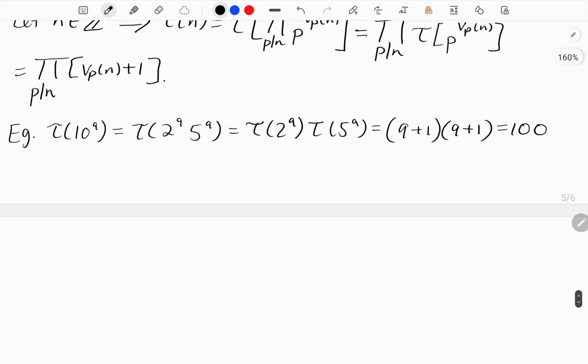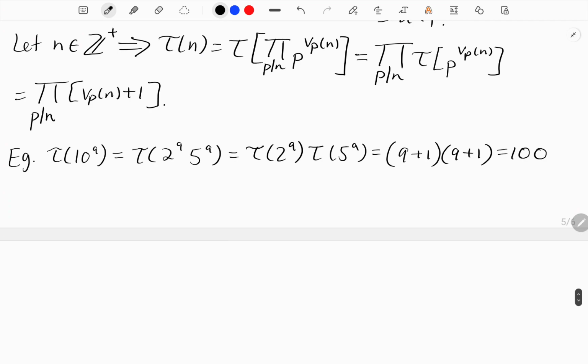Of course, for the divisor function tau, if you know the prime factorization of a number, you don't need multiplicative functions or number theory to solve this problem, to figure out the formula for tau. Because from combinatorics, using the fundamental counting principle, you know that for 1 billion, you have 2 to the power of 9 and 5 to the power of 9.